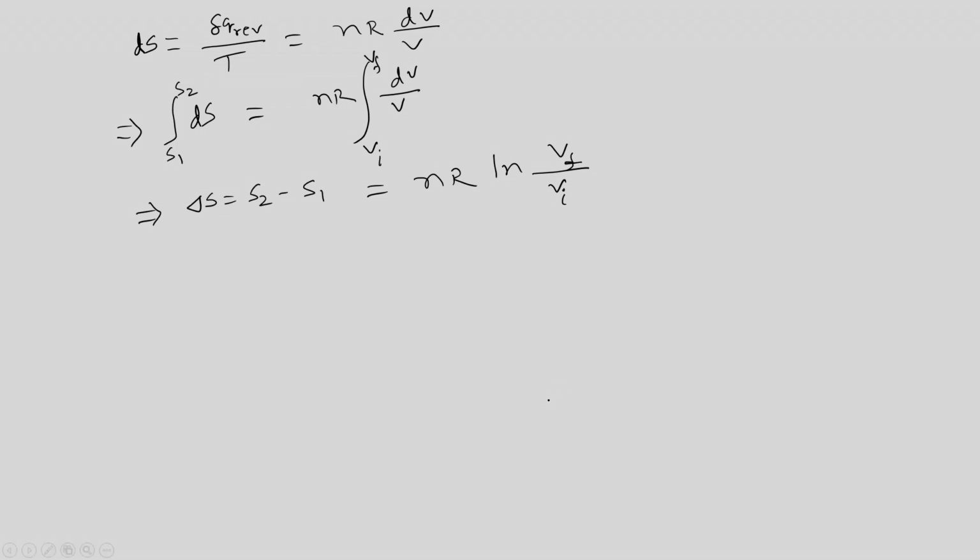Now what we did here, although the process is an irreversible one, we considered the process as if it is taking place reversibly. Why? Because S is a state function.